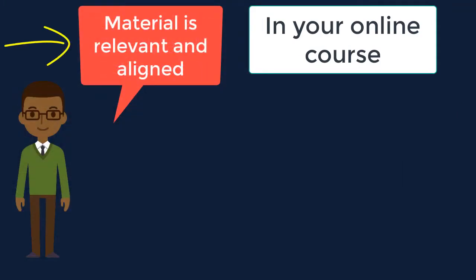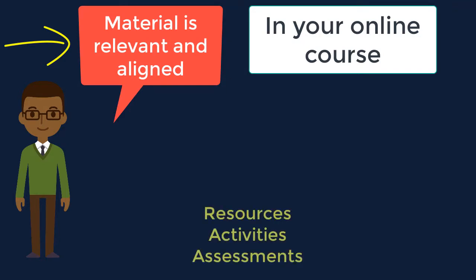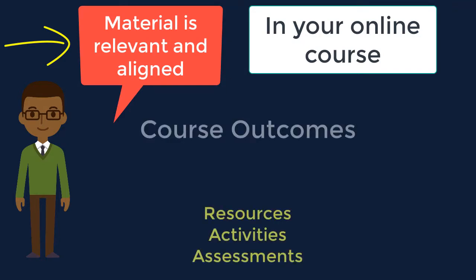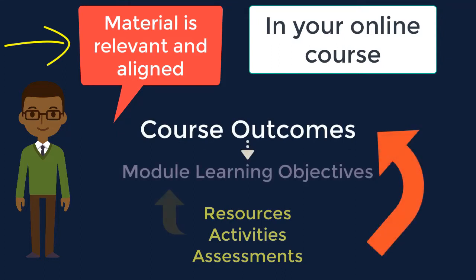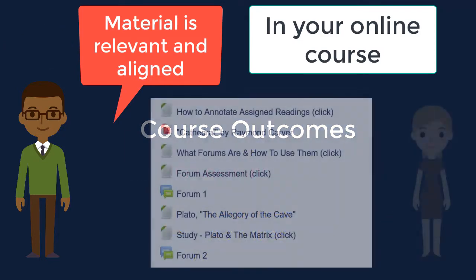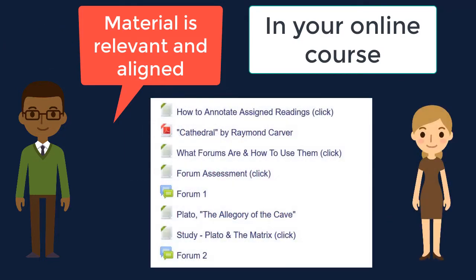Next, your material should be relevant and aligned. Resources, activities, and assessments should be clearly related to the course outcomes and module learning objectives. Often, instructors view online courses as a dumping ground for any content related to the topic they are teaching. Without proper instructional design, this can confuse students because they have no context for how it should be utilized and applied to their learning outcomes.